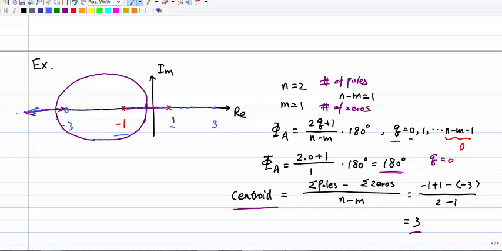So according to rule number 5, to the left of an odd number of zeros and poles on the real axis will be part of the locus, which means this, let me use a purple color, is part of the locus because this is number 1, so it's to the left.